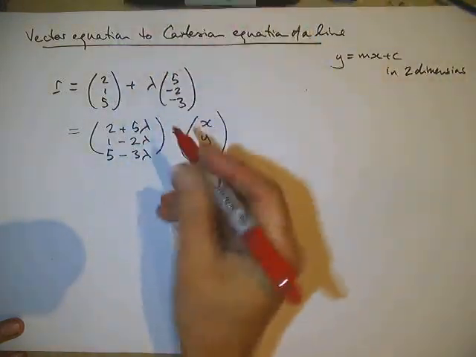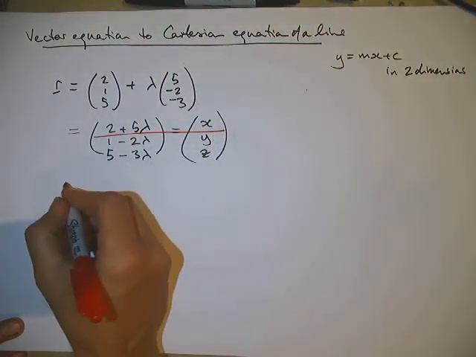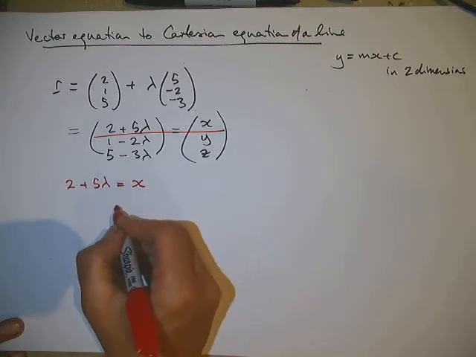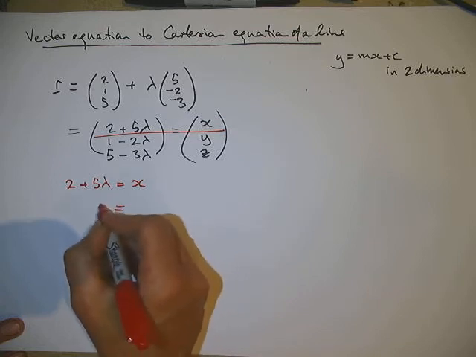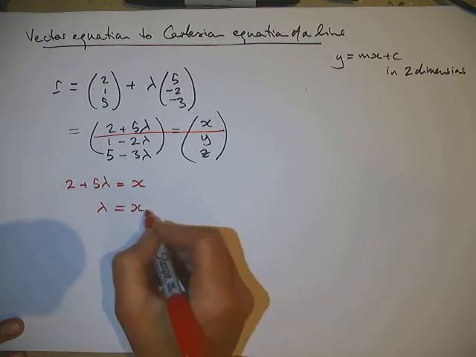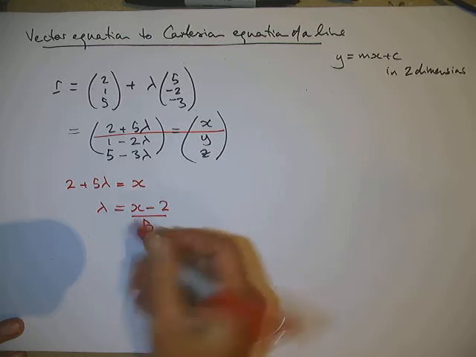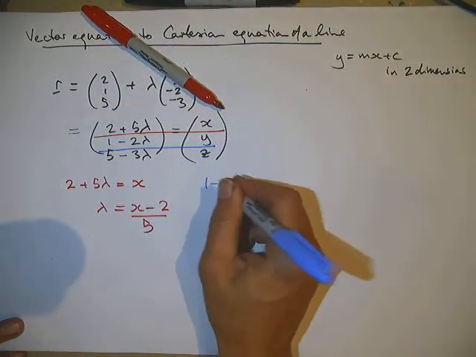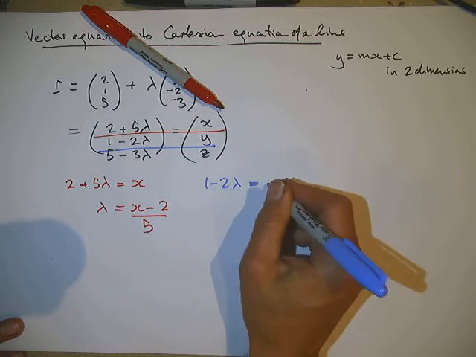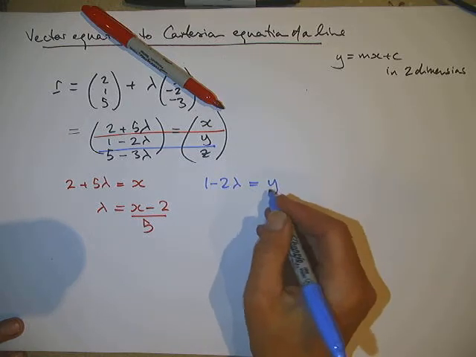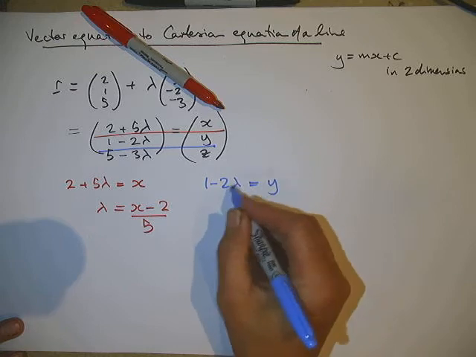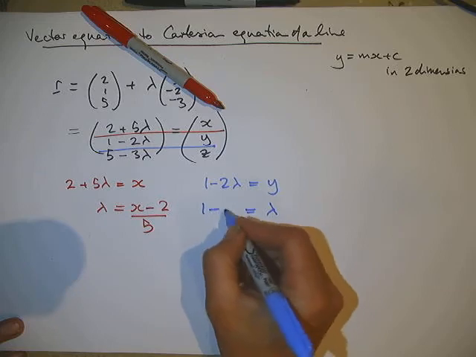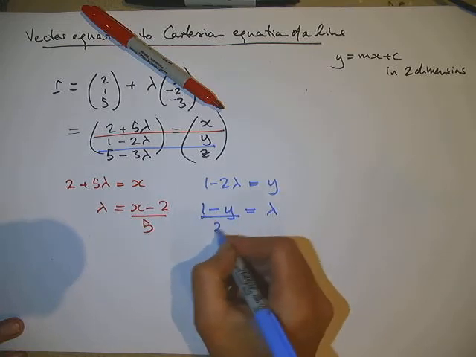Well, we take 2 plus 5 lambda equals x, and I write that as lambda equals x take 2 over 5. I take 1 minus 2 lambda equals y, and I rewrite that, putting the lambda on that side, so lambda is 1 take y over 2.